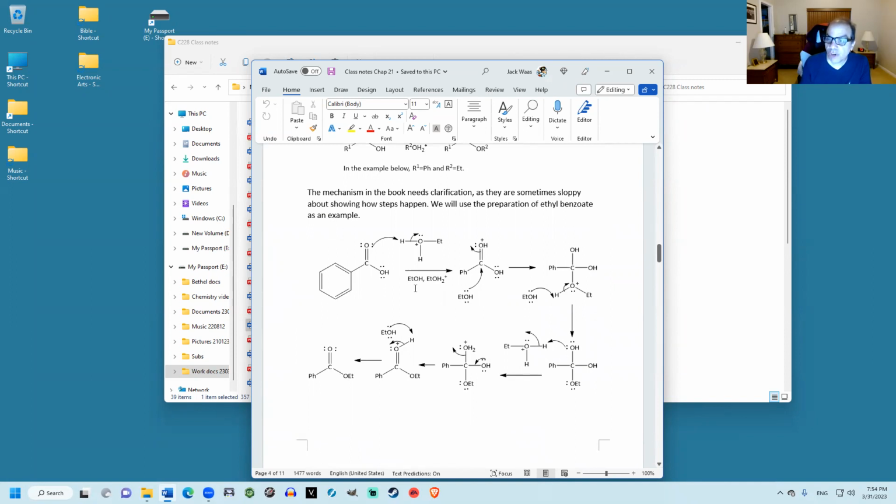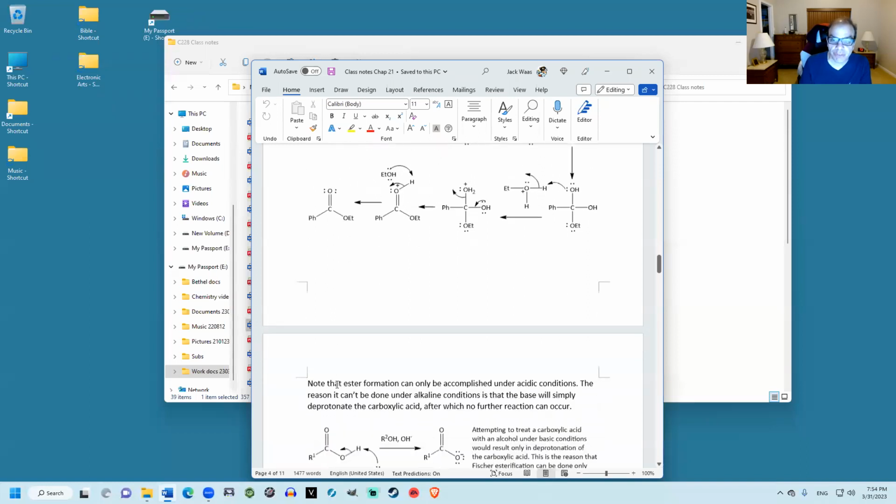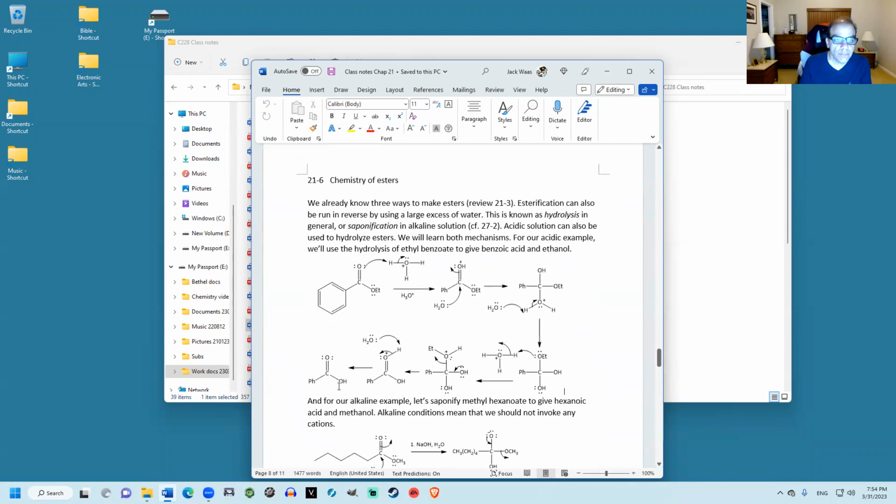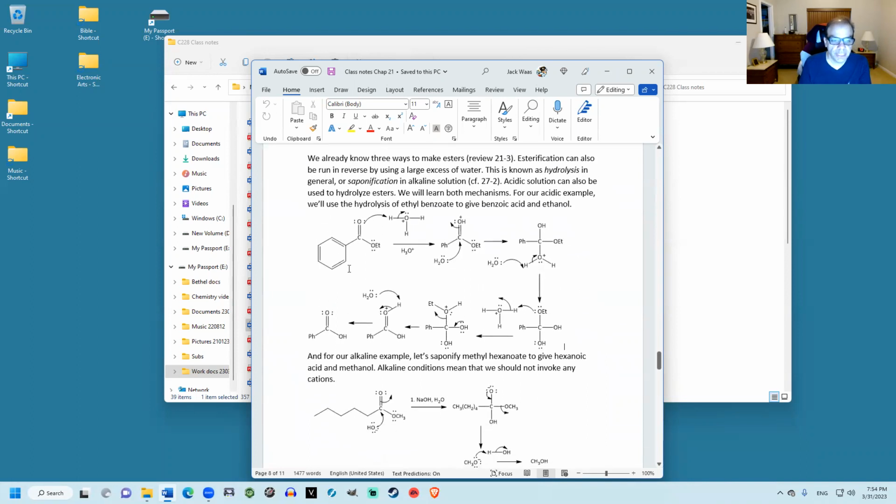And we need to know that carboxylic acids react with alcohols to make esters. So a carboxylic acid will react with an alcohol in the presence of an acid catalyst to make an ester. Here we're given an ester, and so it reacts with water in the presence of an acid catalyst to give us a carboxylic acid and an alcohol.